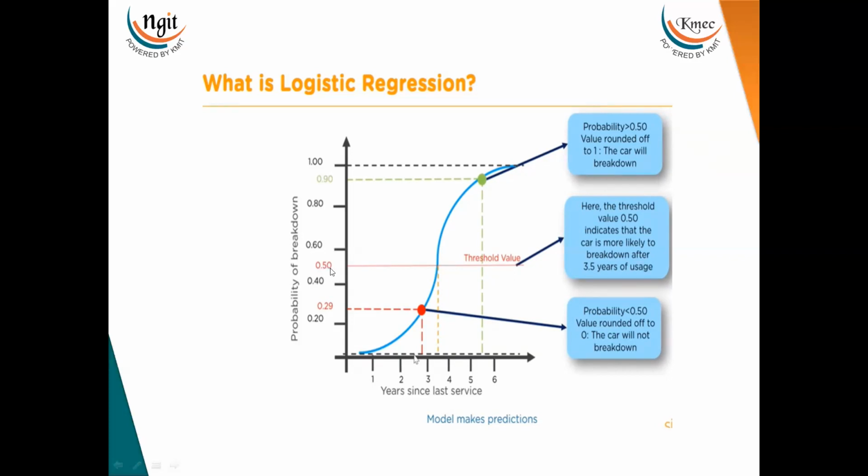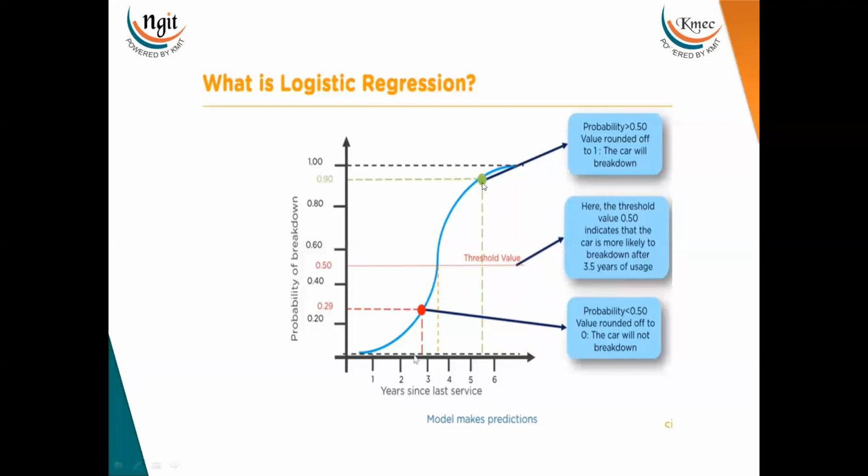In this example, we set the threshold value to 0.50. As you can see in this graph, a probability of 0.29 means there is a low probability that the car will break down. So the car will not break down if the probability is less than 0.50. But if the probability is greater than 0.50, and in this example we have taken 0.90.